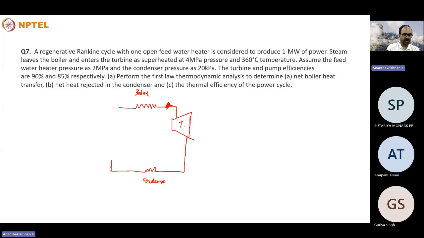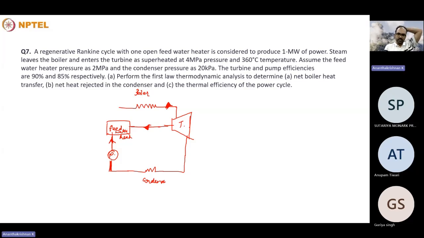Then it goes into the pump, and then goes into a feed water heater, which takes in the steam, which is bled from the turbine to preheat.